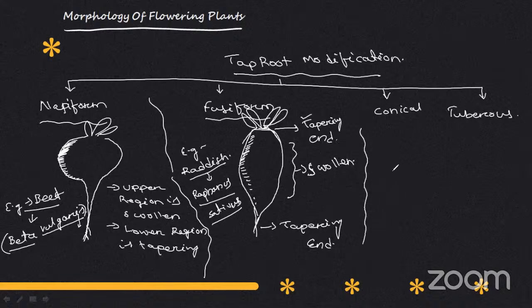In case of your conical, it is broader at the base and gradually tapering towards the apex.